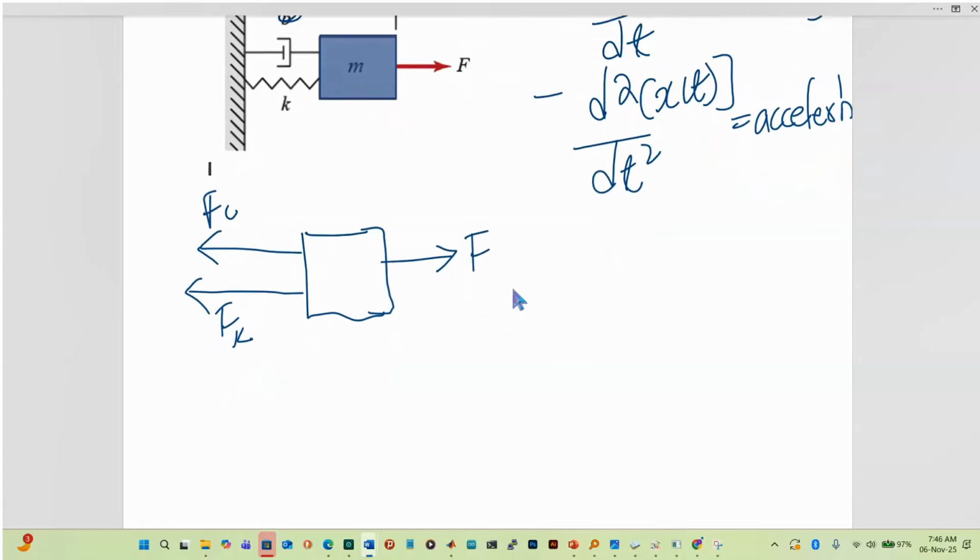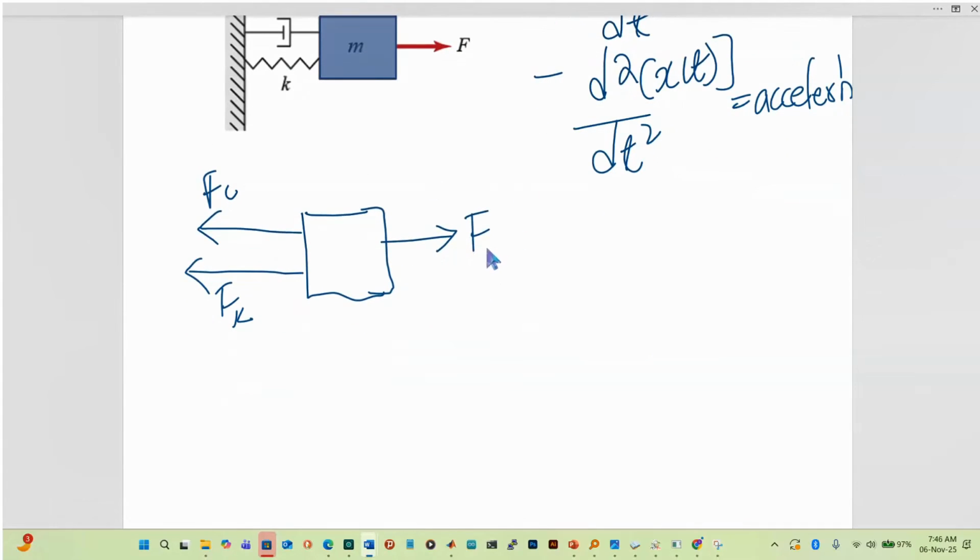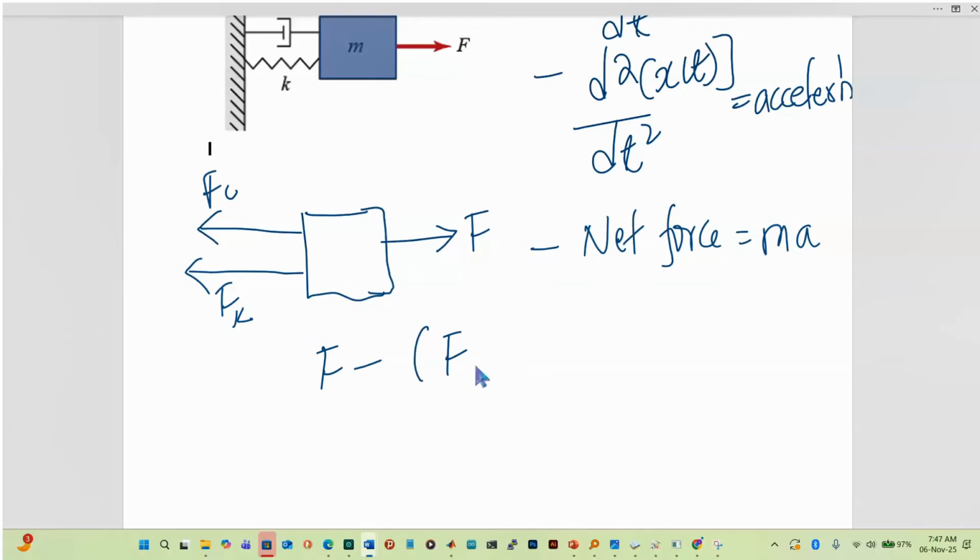It means that if we have these forces resisting this, then we will have what we call the net force, which is equal to MA. So we already know the mass. Let's model this system. We will have F minus Fc plus Fk equal to MA.